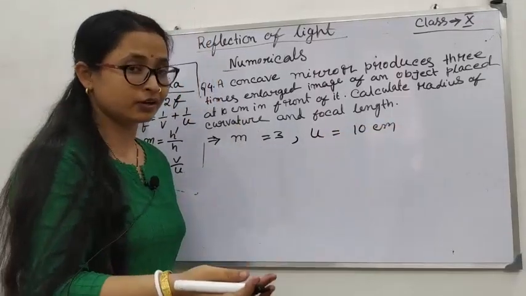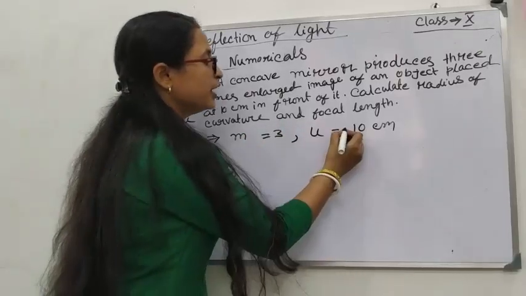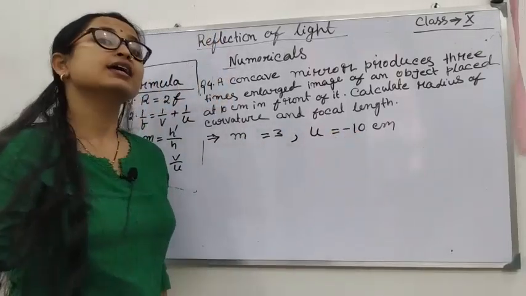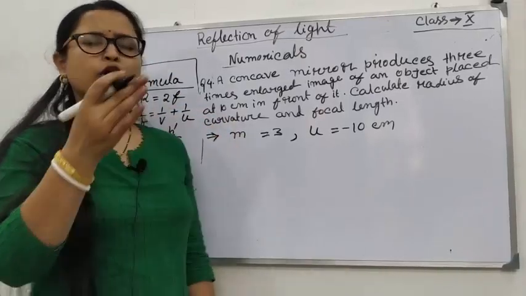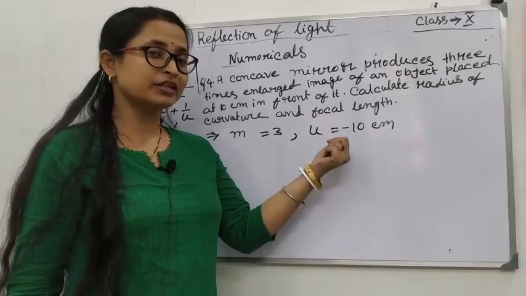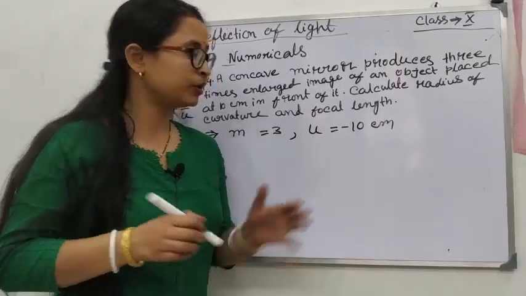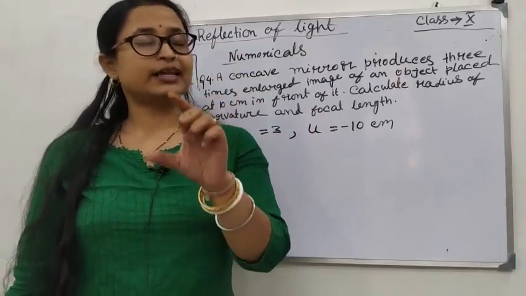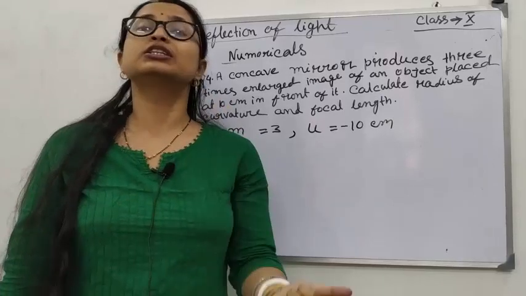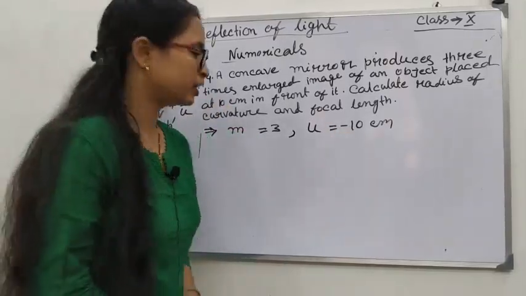In front of it, it is told, that means by using sign convention it will be minus 10. As I have already explained in the second numerical by the diagram, or from the sign convention also you can say that whenever the object is placed in front of the concave mirror, then always the direction of the object distance is opposite to the direction of incident light. That's why it will be negative.